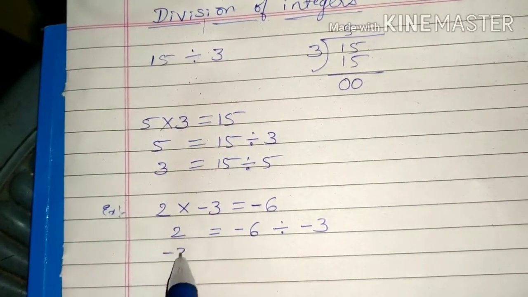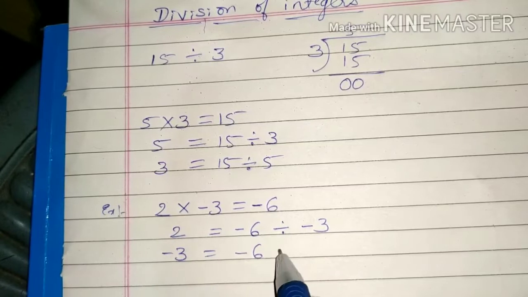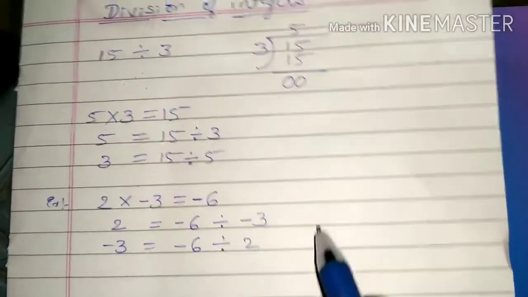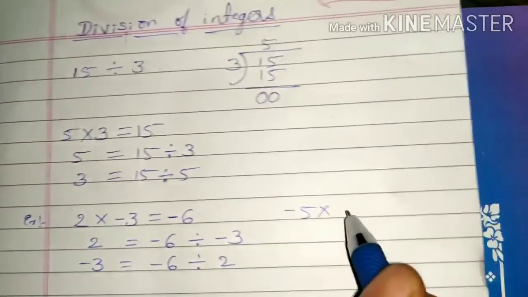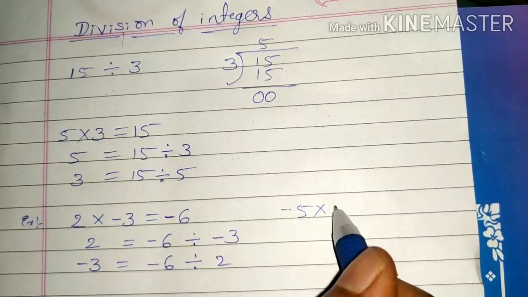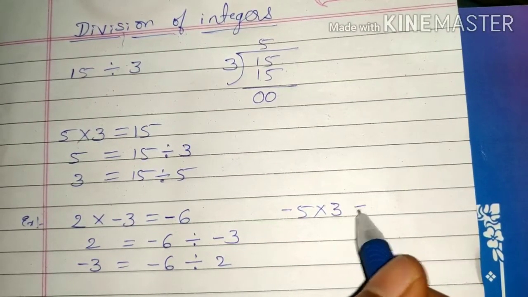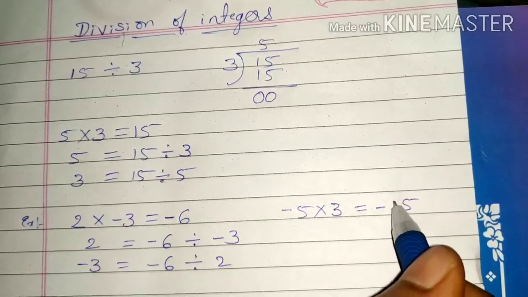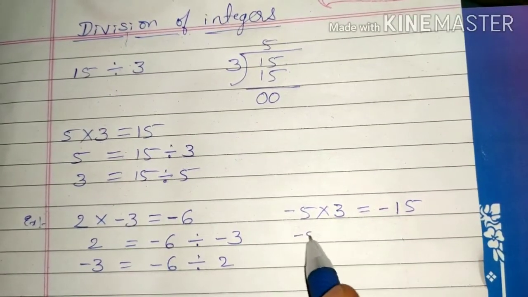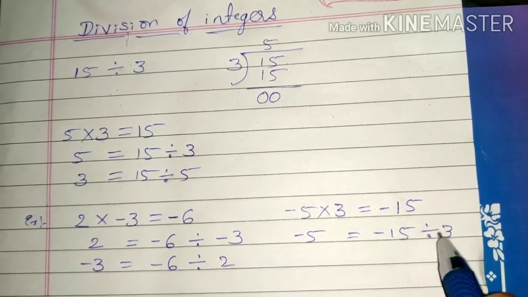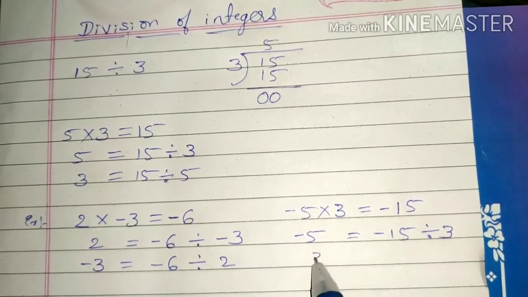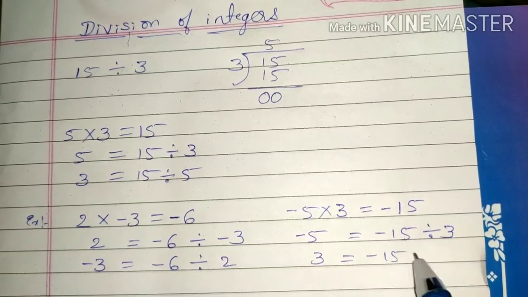Also you can write minus 3 equals minus 6 divided by 2. In the same way, minus 5 into 3 is equal to minus 15. So I can write minus 5 equals minus 15 divided by 3, and also 3 equals minus 15 divided by minus 5.